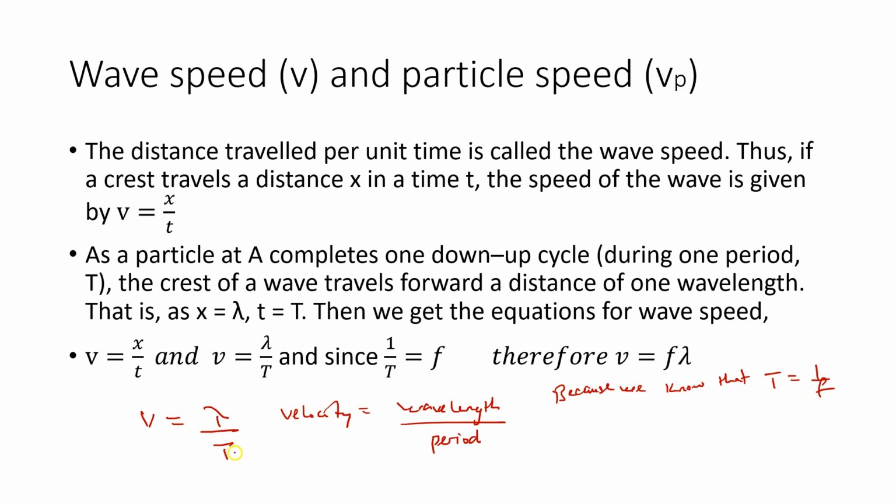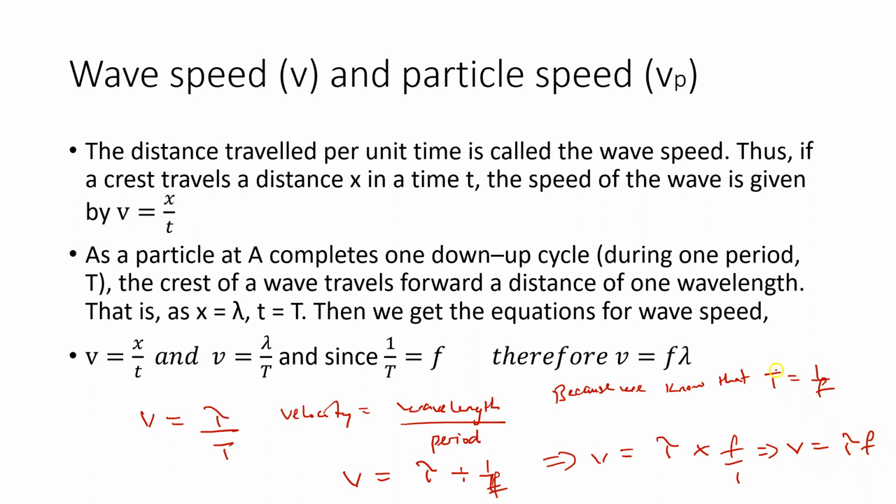If I'm substituting T here, then I have v equal to wavelength divided by 1 upon f. Whenever we're dividing fractions, we can rewrite it as v equal to wavelength times the reciprocal, which is f divided by 1, which tells me that my speed is equal to the wavelength times the frequency.